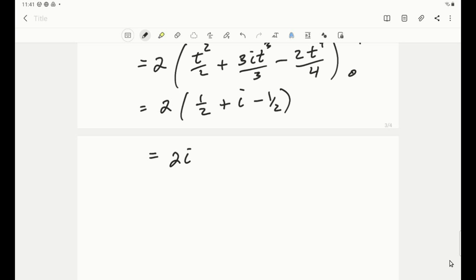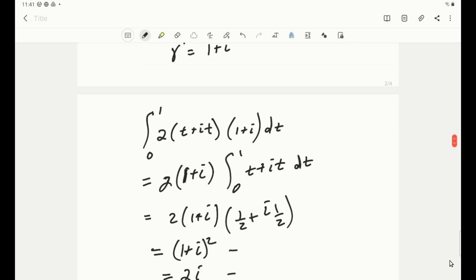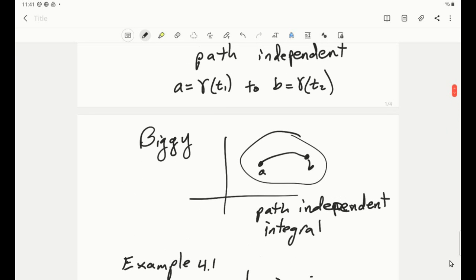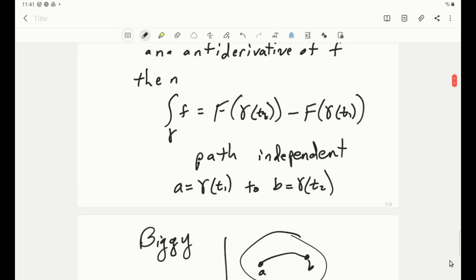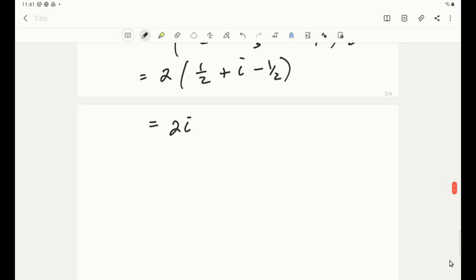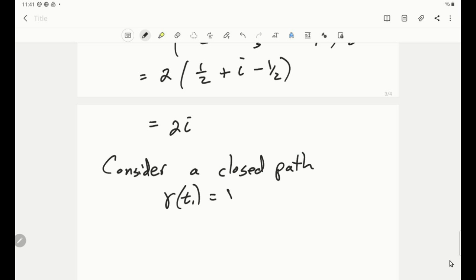So let's see. Did I already mention the path independence? I didn't think I had, but now, consider a closed path. That is, gamma of T1 is equal to gamma of T2.